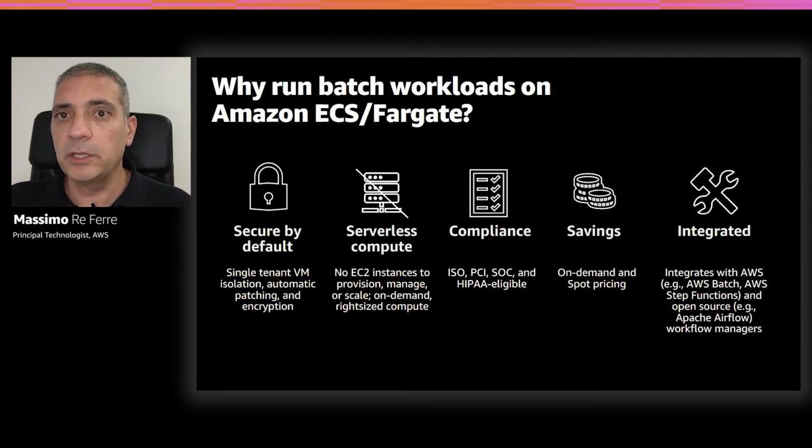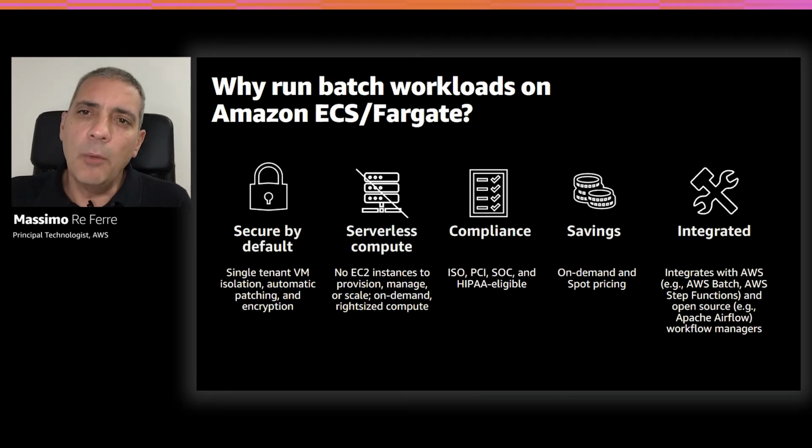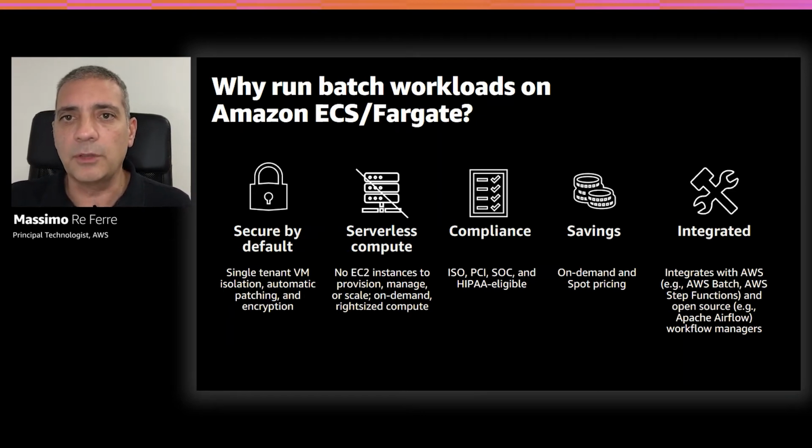You could have multiple tasks running on the same EC2 instances. If you operate in a very regulated industry or market, you may want to create this one-to-one connection between the task that you're running and the instance. That's how Fargate works. When you launch a task on Fargate, we provision under the hood a VM that you don't see, and we run that task inside that VM.